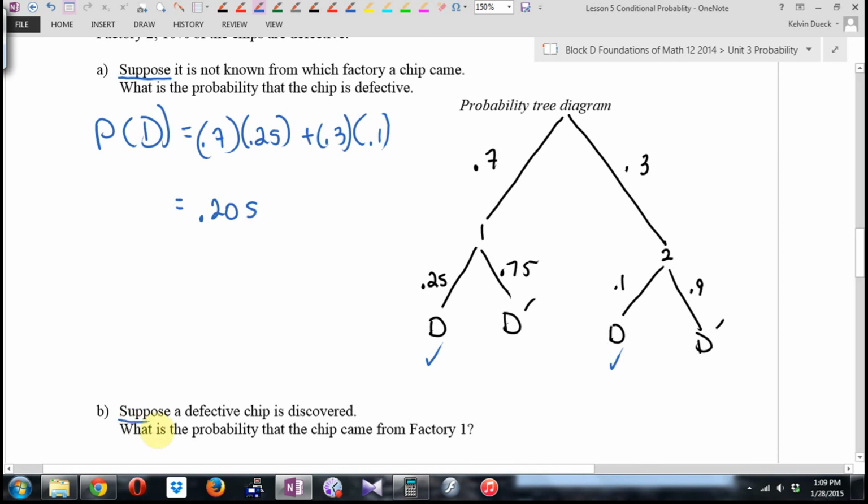This is the conditional probability. How do I know? Because they've told me where I am in the bottom row. You're defective. What do they want me to find, Jake? They're telling me where I am here, and they want me to find something.